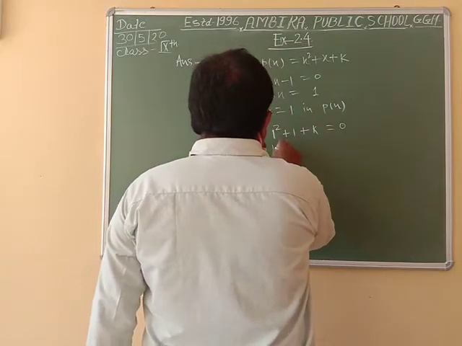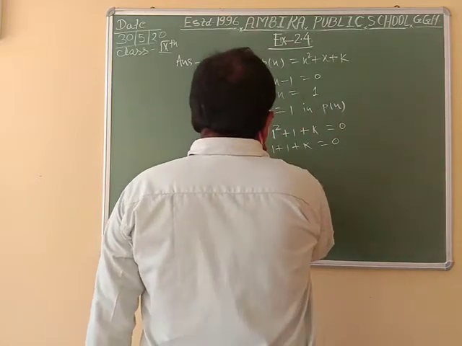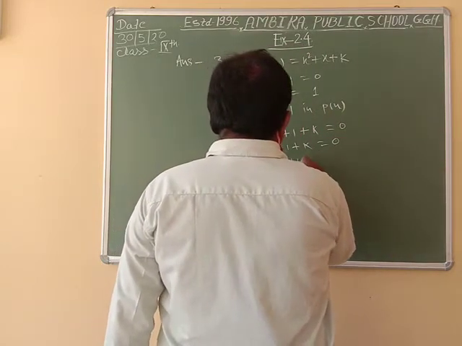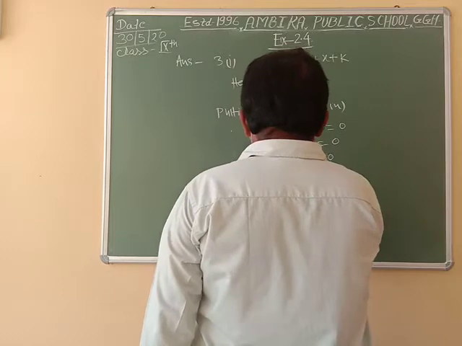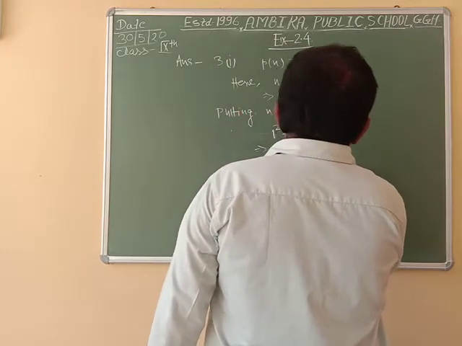So 1 plus 1 plus k is equal to 0, 2 plus k is equal to 0, so k is equal to minus 2.